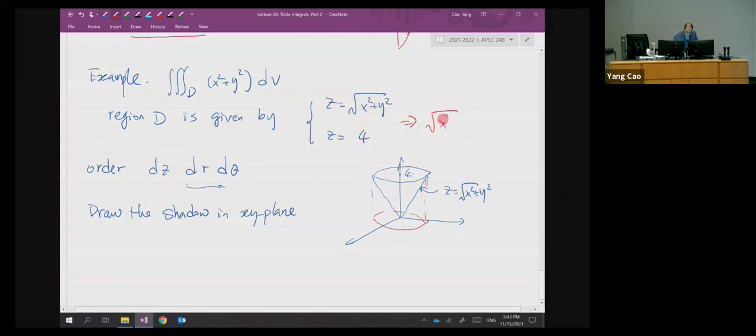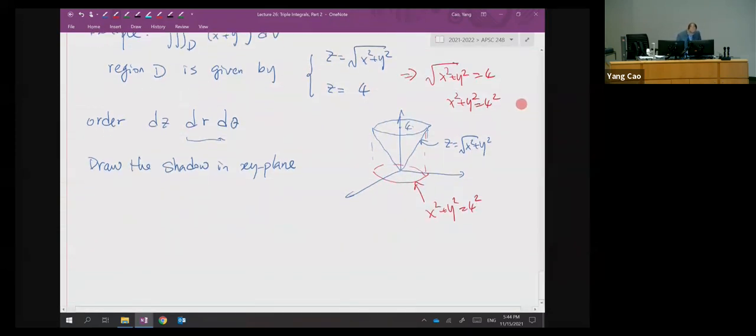So that basically means you let the two terms equal to each other, and then you get x squared plus y squared equal to 4 squared. So this is basically your shadow, right? It's a circle with a radius of 4.